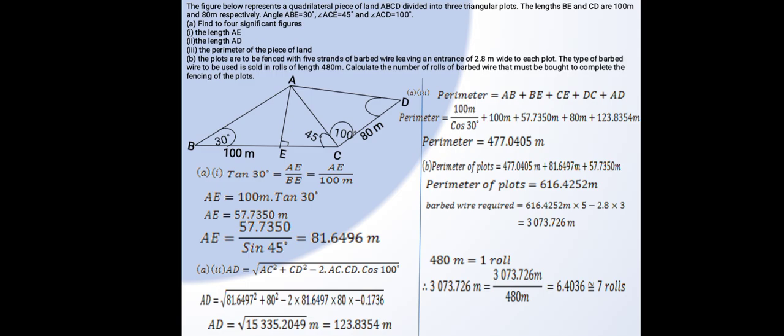There are 3 gaps because there are 3 plots, and each gap is 2.8 meters. Subtract from the perimeter above, and then multiply by 5 because 5 strands of wire are to be used. We find that the length of the wire has to be 3,073.72 meters.